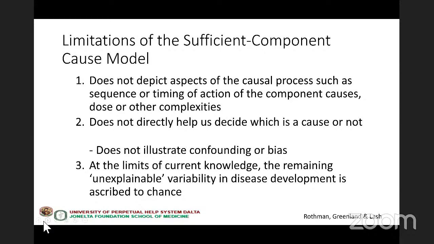Confounders would be variables that would affect your outcome, but are not directly the variable of interest. And bias would be your designs, either bias in your sample size, bias in the analysis of data, etc. And with the limit of our current knowledge, the remaining unexplainable variability in disease development is ascribed to chance.